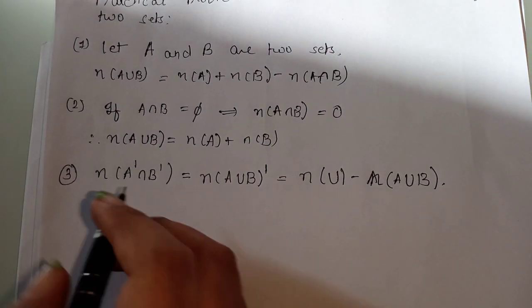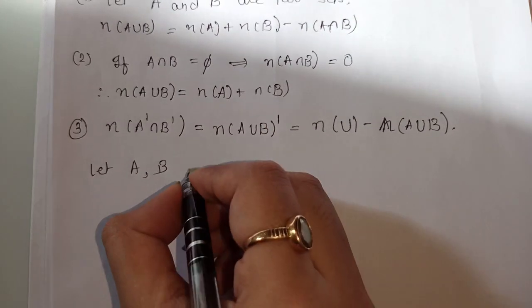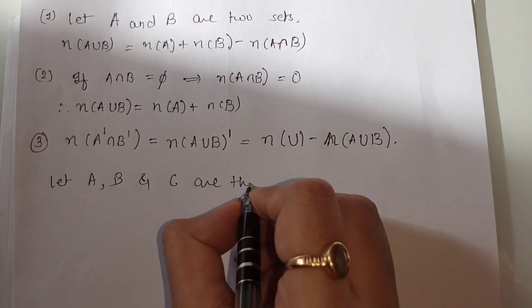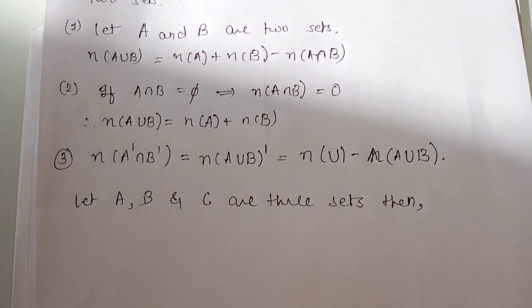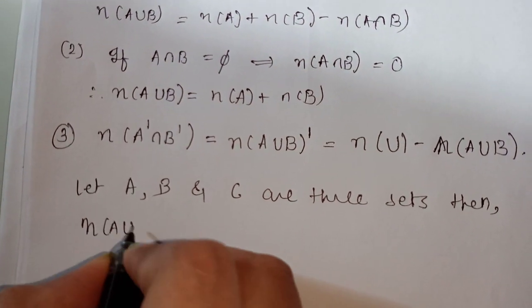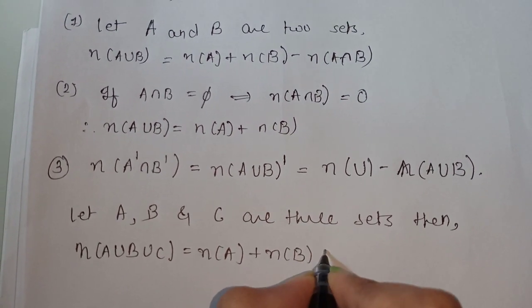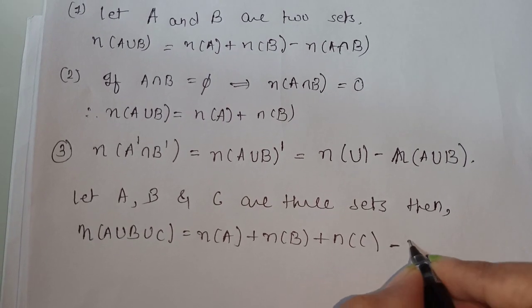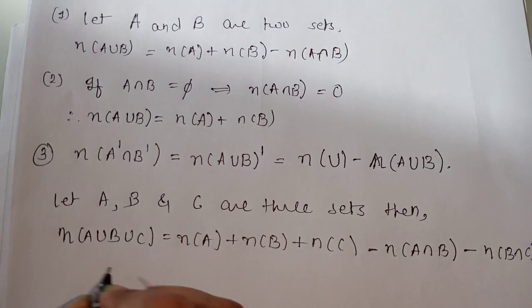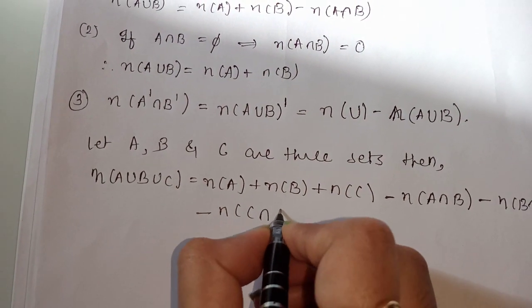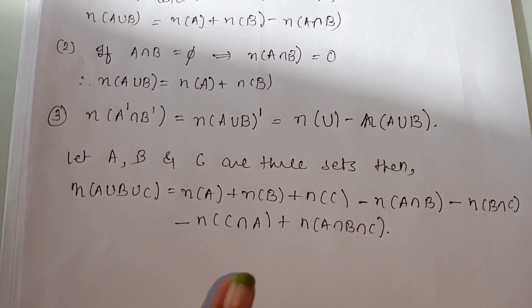Now if I have three sets, for example, let A, B and C be three sets, then number of A union B union C is equal to number of A plus number of B plus number of C minus number of A intersection B minus number of B intersection C minus number of C intersection A plus number of A intersection B intersection C. This formula you have to remember.